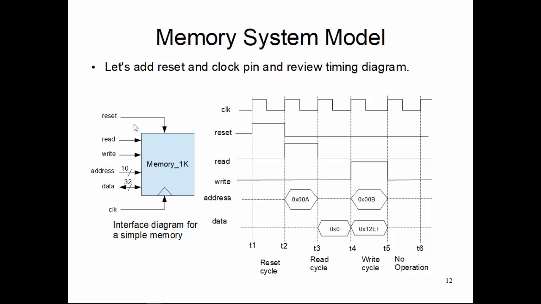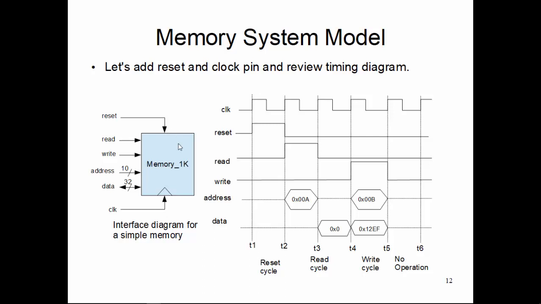There are two extra signals that I haven't shown you in the last slide, which are reset and clock. So a memory as a system needs a clock. It always operates with respect to clock signals. And there is a reset signal upon which, for this memory, if it is set to 1, all the content of the memory becomes 0.